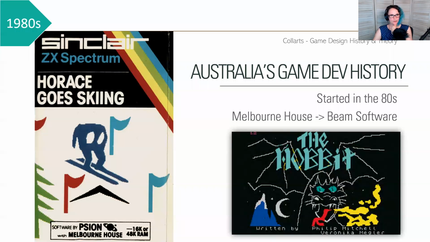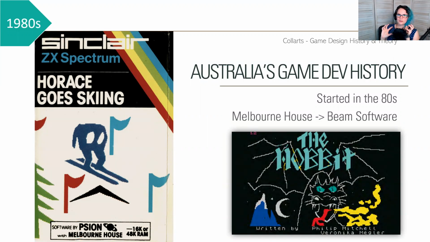Okay, so game dev sort of started in Melbourne, in Australia, in the 80s. So from 1980 to 1983 was the Zork trilogy, and that was created on the Sinclair Spectrum, which is a very tiny computer. I'll show you an image in the next slide.